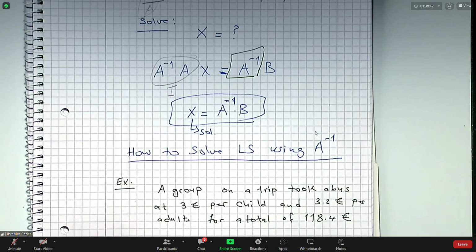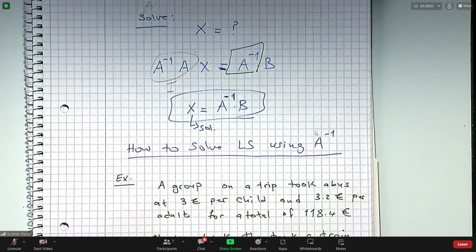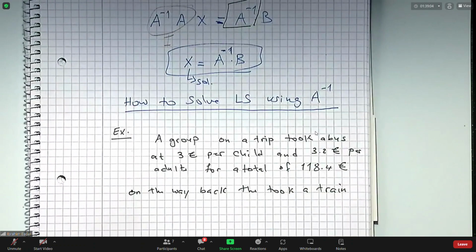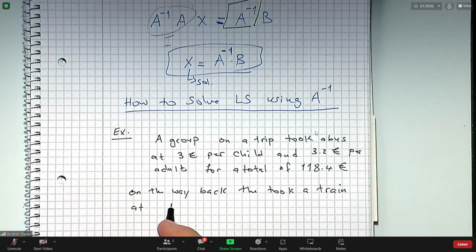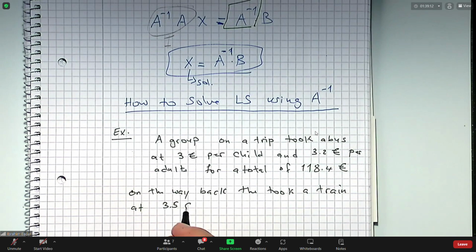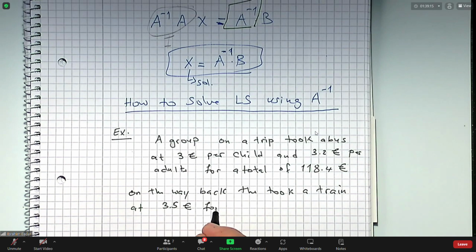On the way back, the same group, same number, they took a train. And the cost per child there was 3.5 euros for a child and 3.6.